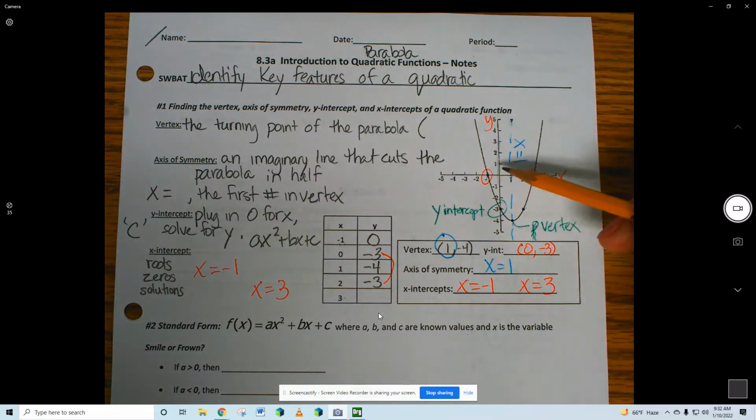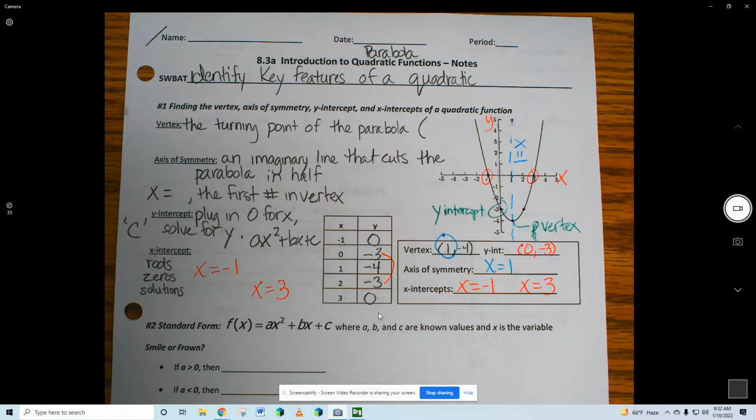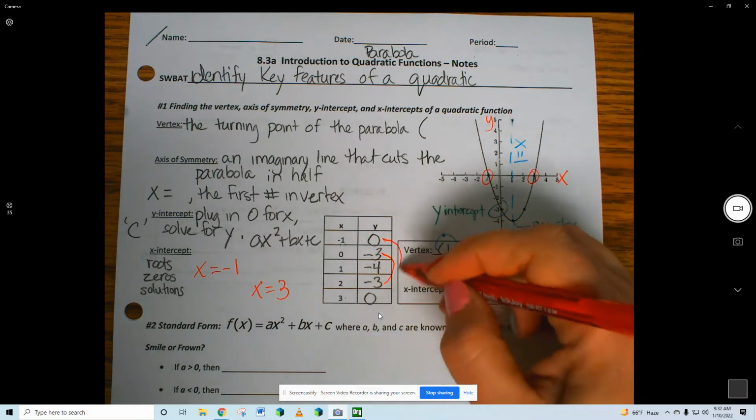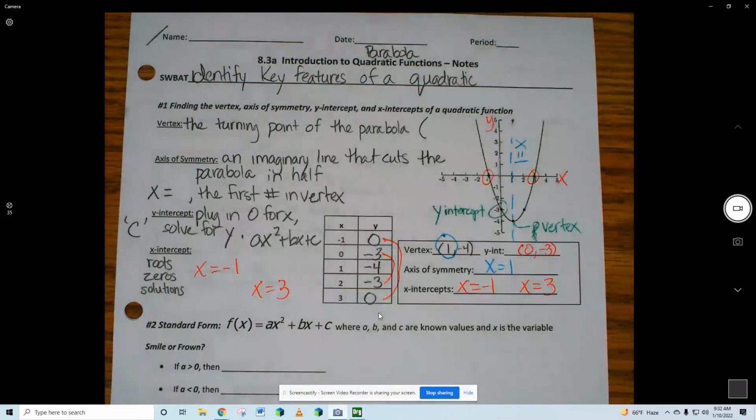X: -1, 0, 1, 2, 3, y is 0. And yeah, there's a pattern in the table of values. Because it's a parabola, the y values are going to be the same because it's a curve shape. So that's all of number 1.